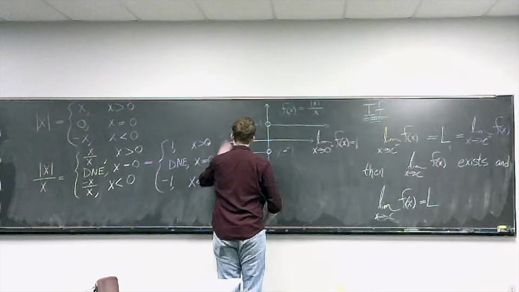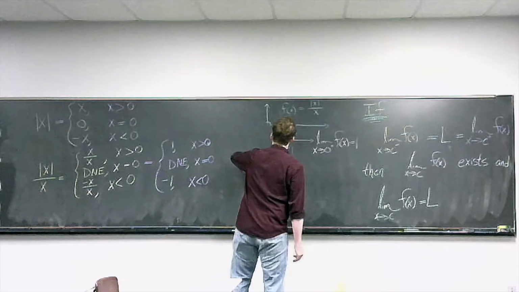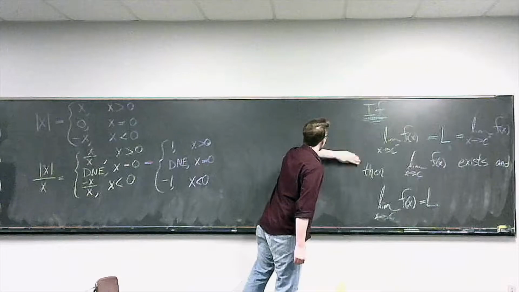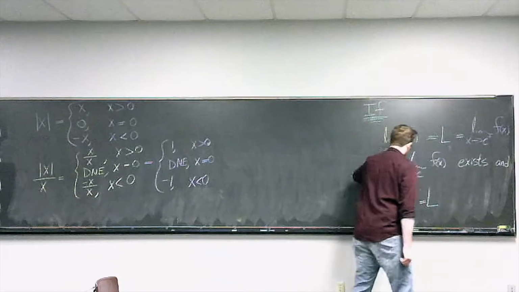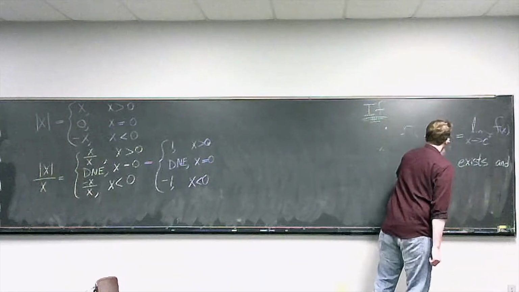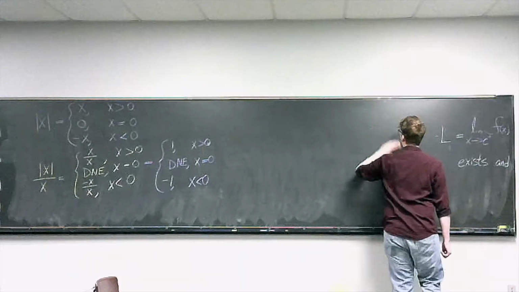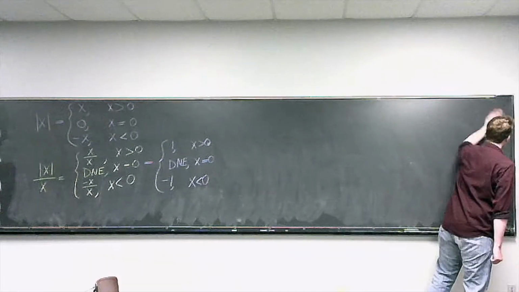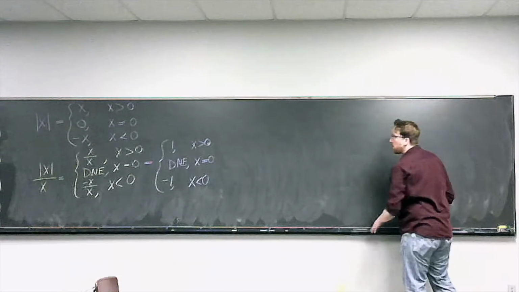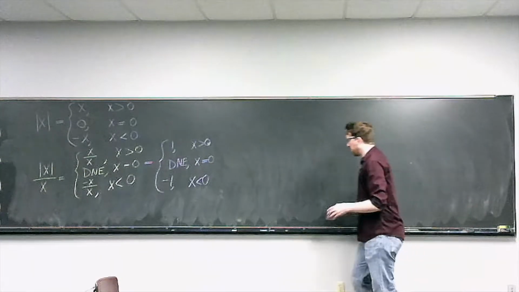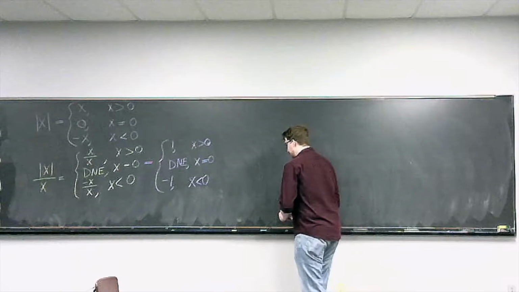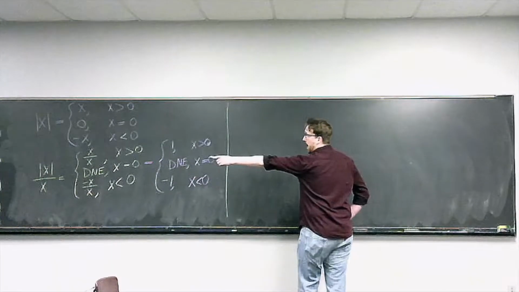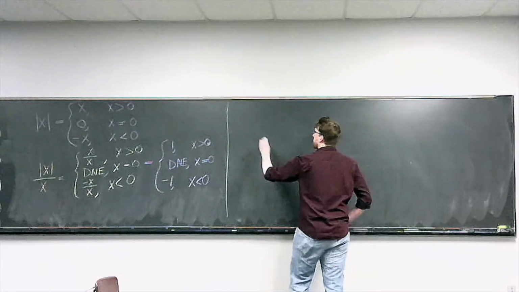So we just showed graphically that the limit from the left and the limit from the right are -1 and 1 respectively. We saw that graphically. But if we wanted to see that algebraically, what we would do now is we'd say, all right, cool. We know what the absolute value of x over x is.